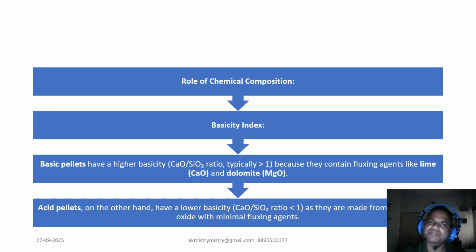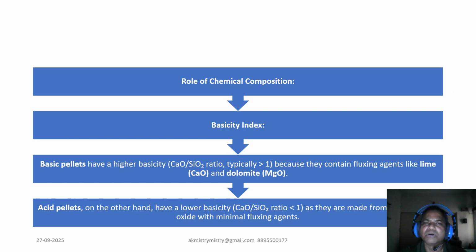Otherwise, if we fix the reduction rate, then our CO and H2 will be consumed less, which facilitates faster oxygen removal from the iron oxide. In acid pellets, silica forms silicate compounds that are more stable and refractory, and these compounds resist reduction, therefore decreasing the overall reducibility of the pellet.